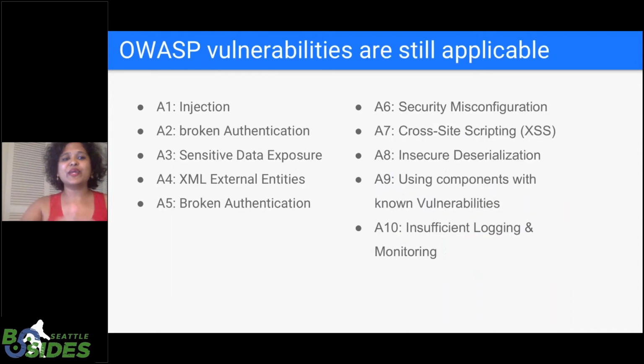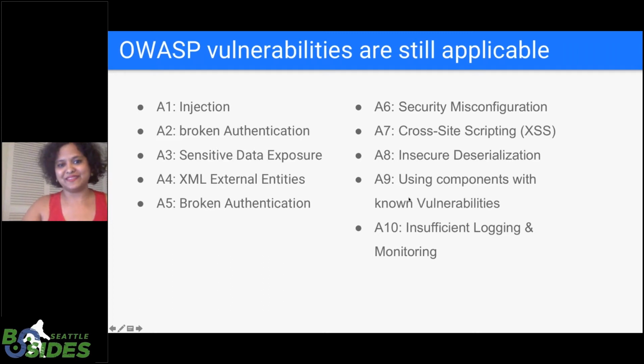Now let's look at some of the implementation specific pain points. The funny thing is, OWASP vulnerabilities, which were published 20 years back, are still applicable to microservice-oriented applications and serverless applications. These are pretty much the exact same vulnerabilities.